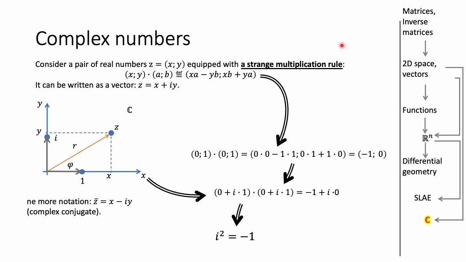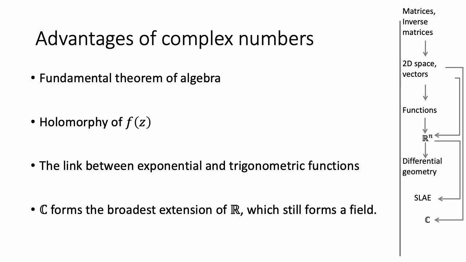Complex numbers have a number of advantages, which we will discuss on the next slide. Much of mathematics becomes simpler, more closed, and more elegant when you talk about complex numbers and not only of real numbers.